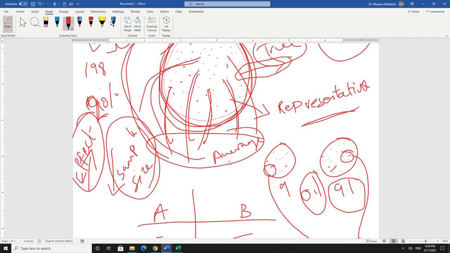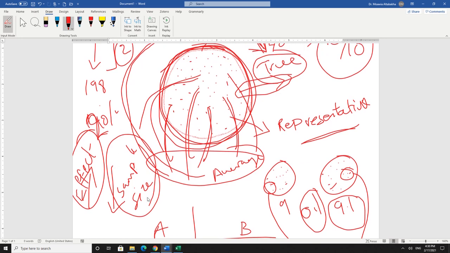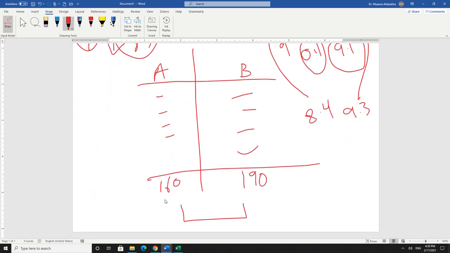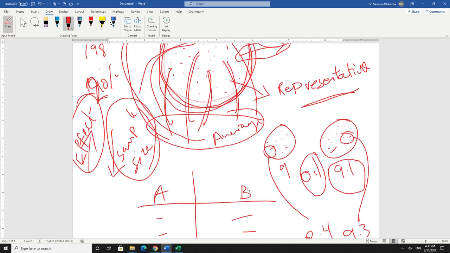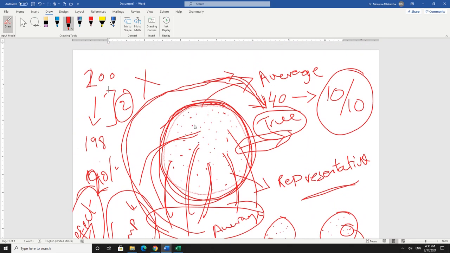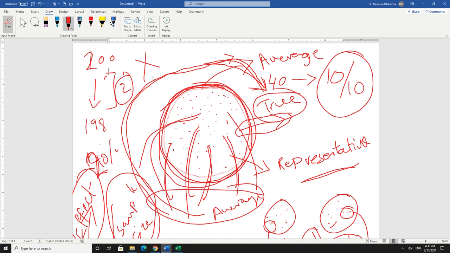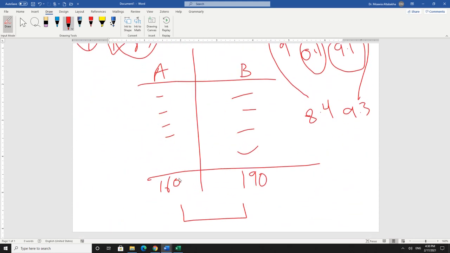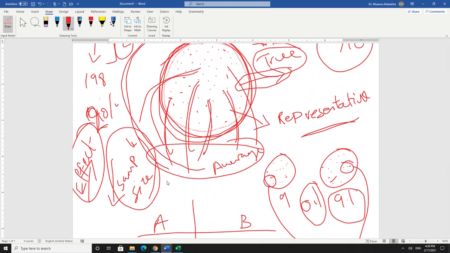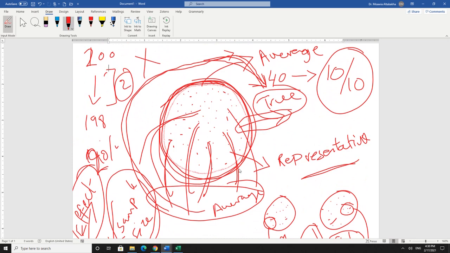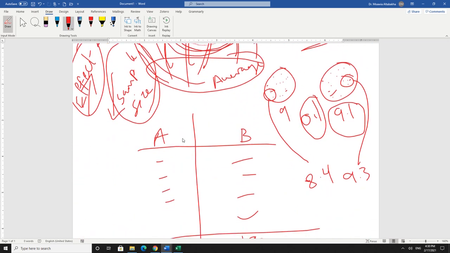Another thing is how close these numbers should be to the true number in the population. Meaning, if you try it on the whole population, how close is this one to that? This is 160.